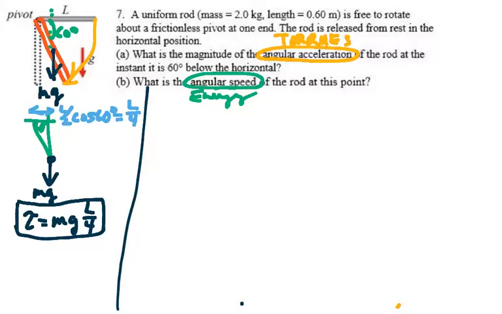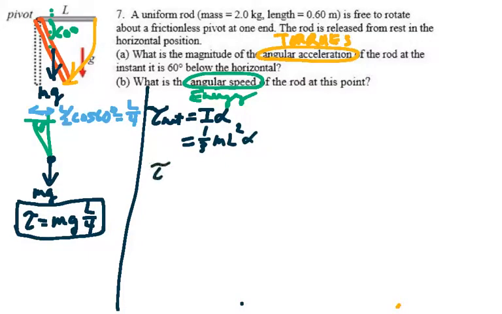Equivalently, we can say that net torque is equal to the moment of inertia times the angular acceleration. And the moment of inertia of a rod about its end is 1/3 mL squared. These two torques should be equal since there's only one torque causing the net torque.